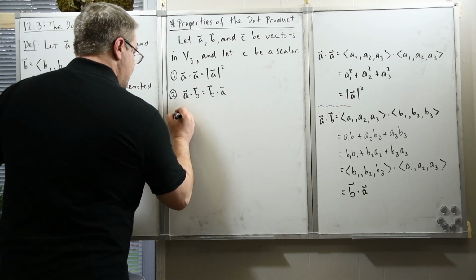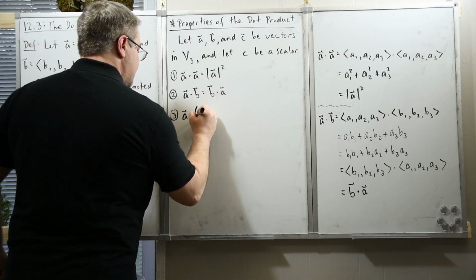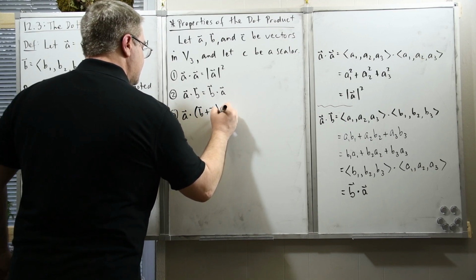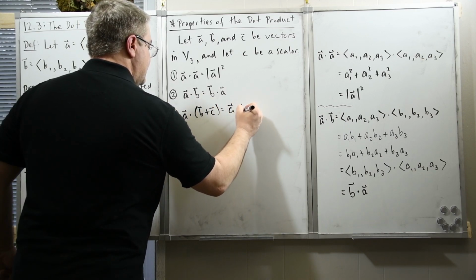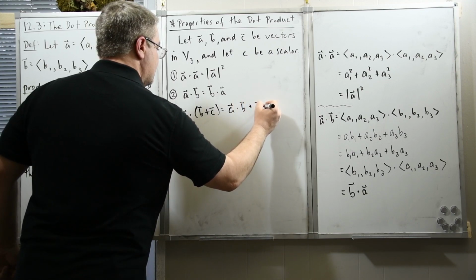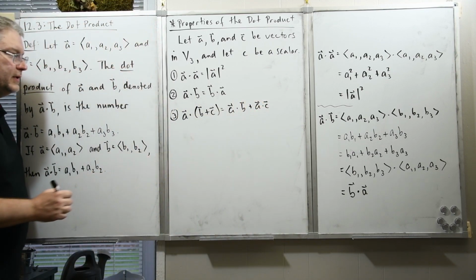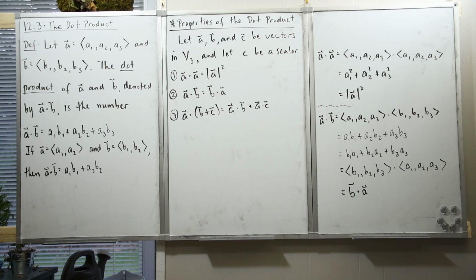The third property we have is A dotted with B plus C is equal to A dot B plus A dot C. So we have this nice distributive property here with the dot product.